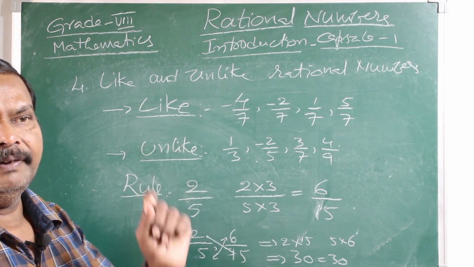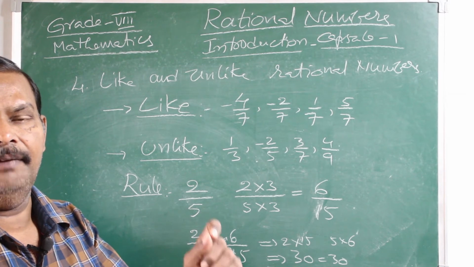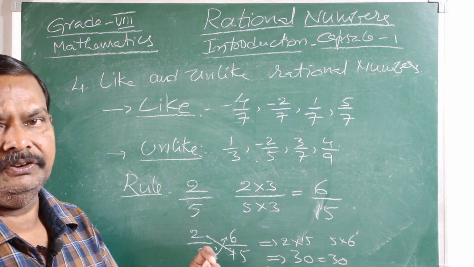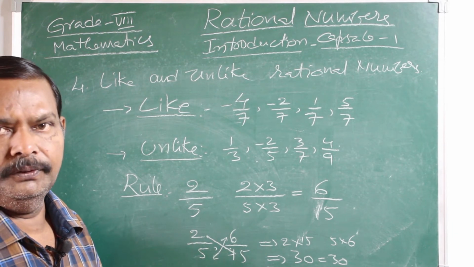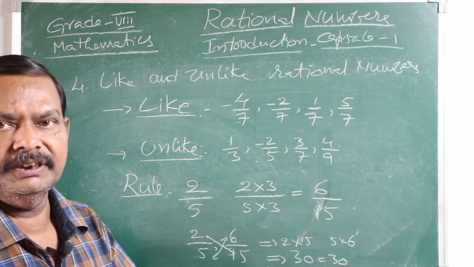So, whenever you multiply the numerator and denominator of a particular fraction by the same number, the value of the fraction does not change. This is the most important rule, and we are going to use it to convert unlike fractions into like fractions, which is our next topic.